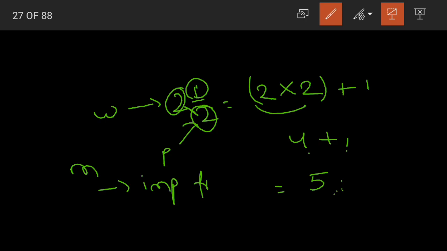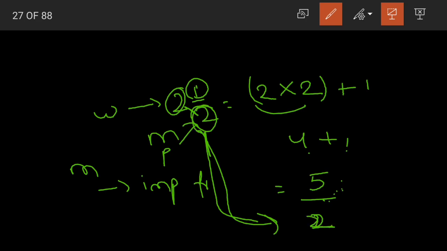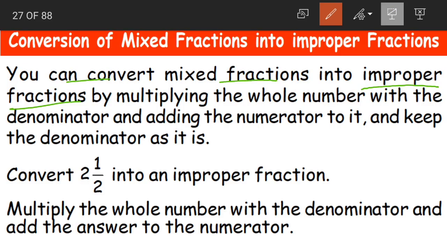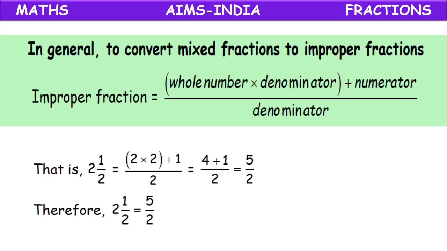Here the answer is only 5. Is this a fraction? No, it should have a denominator also. So what about the denominator? The same denominator which was in our mixed fraction will be used here. Yes, the denominator is kept as it is. Change is made only in the numerator. So 2 1 by 2 is nothing but 5 by 2.